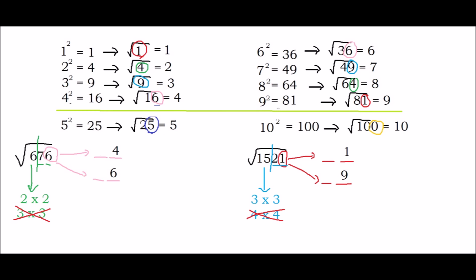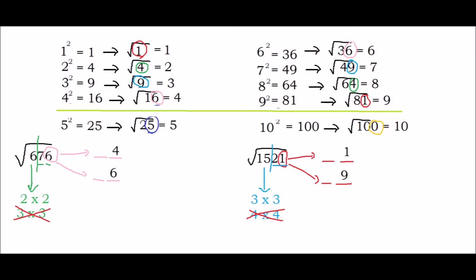Well, none of them has that number, but you can find the ones that are almost there. For example, for 6, 2 times 2 is close to 6. But 3 times 3 is 9, and that's above 6, so we cannot use that. Well, 3 times 3 is 9, which is close to 15, while 4 times 4, even though it's also close to 15, 4 times 4 is 16, but it's way above it.